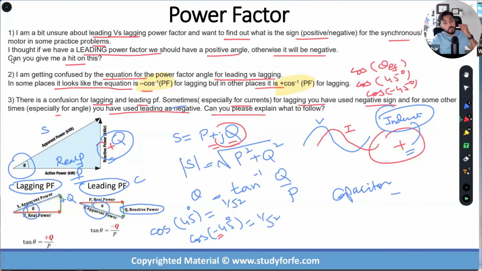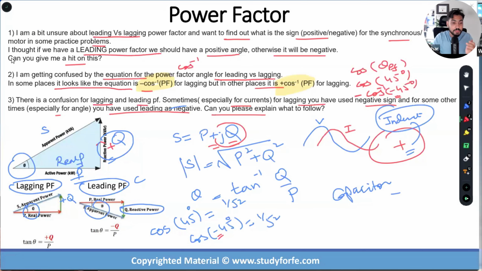That's why you have to mentally, or somebody used the word manually, keep track of lagging versus leading. If it is a leading power factor situation, you're not going to keep the angle negative over here. You're going to take the cosine inverse, right?